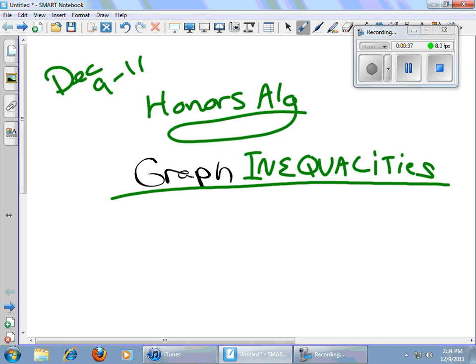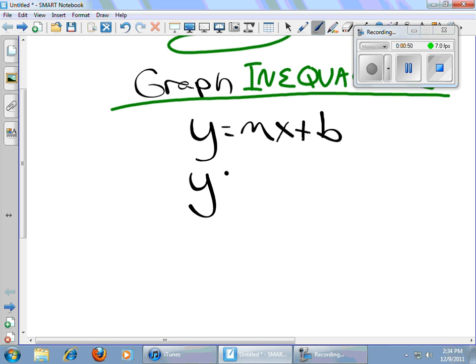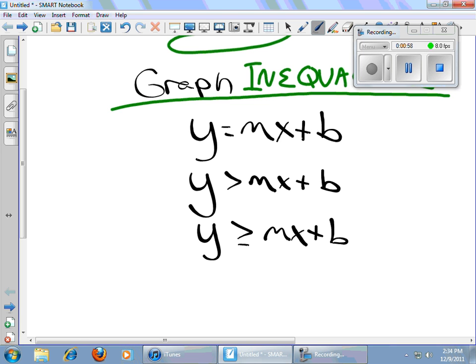It's super duper simple. One thing you want to keep in mind is y equals mx plus b, slope y-intercept form of an equation. We're not actually going to graph equations that look like that. We're going to graph equations that look like this. Or perhaps they will look like this. Or if we feel really daring and exciting, they might look like this.